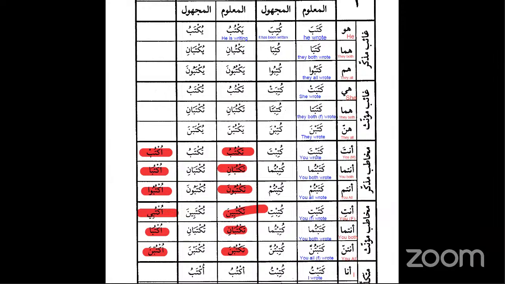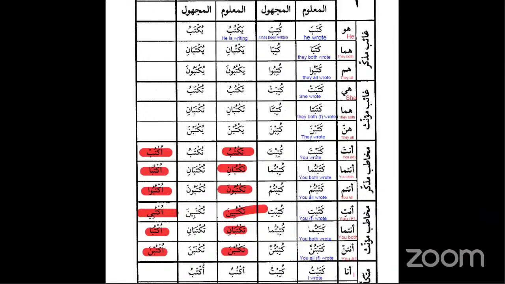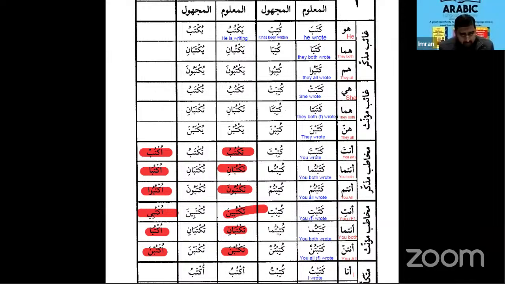Huwa kutiba, huma kutiba, hum kutibu. Hiya kutibat, huma kutibata, hunna kutibna. Anta kutibta.